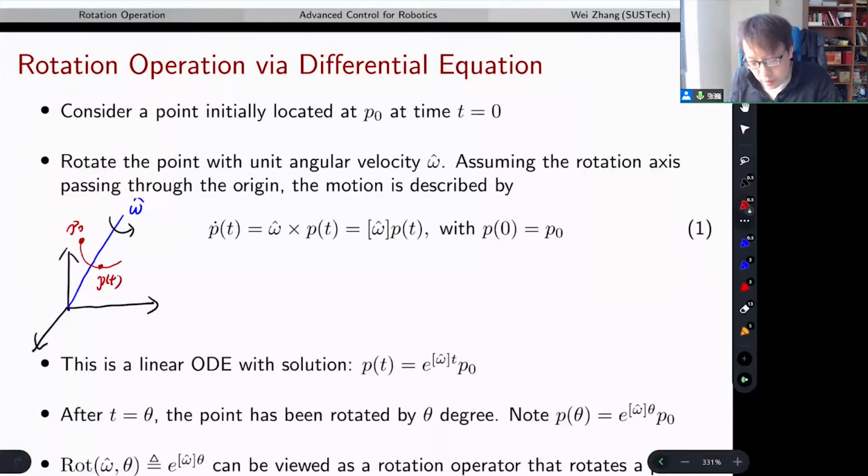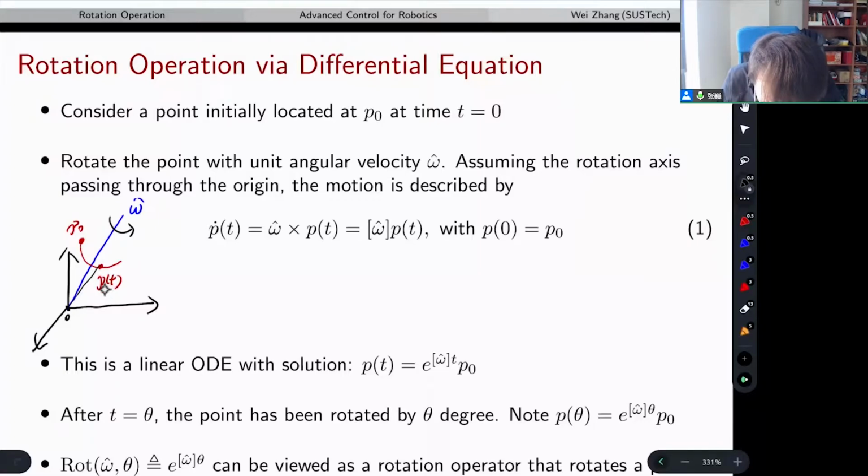This P of t's linear velocity is nothing but the angular velocity cross the position vector. If you look at this more carefully, this is the origin.